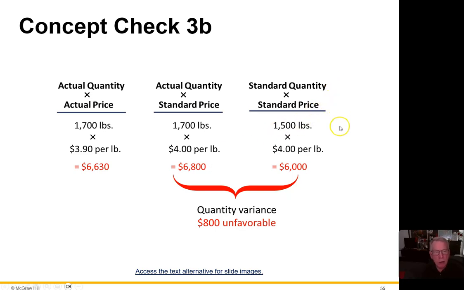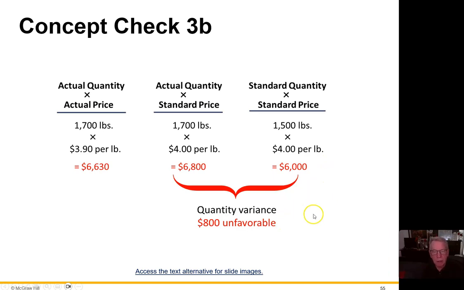And then our standard quantity, standard price: here's the 1,500 pounds that we were allotted times $4 per pound. And we got that simply by multiplying the 1.5 pounds per Zippy times 1,000 units to get the 1,500 pounds.